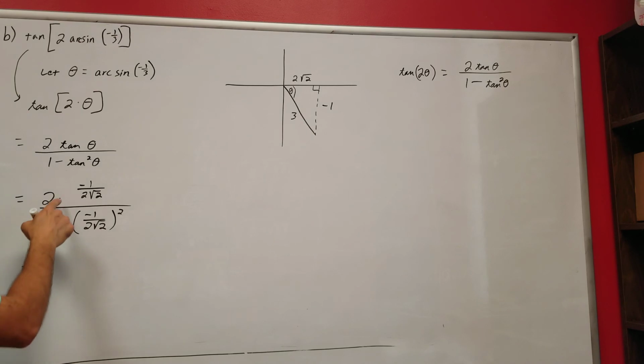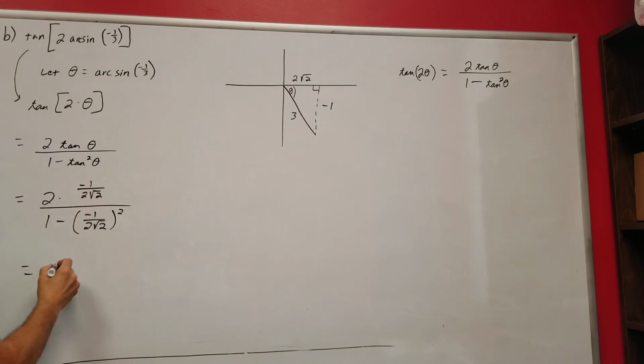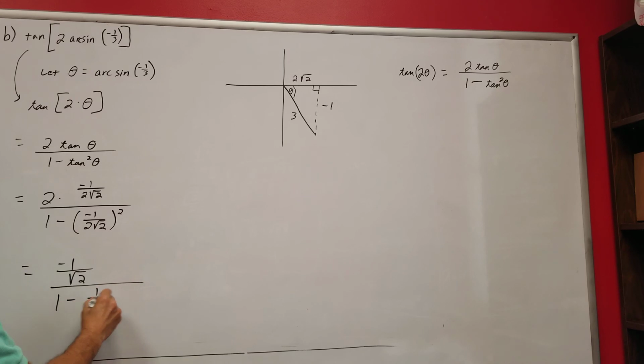All right, so if I multiply this 2 by this stuff, I get negative 1 over square root of 2 in my numerator. My denominator, I get 1 minus, and if I square this stuff, I get positive 1 over 4 times 2, right? Because if I square 2, I get 4. If I square that square root, I just get what's under it.